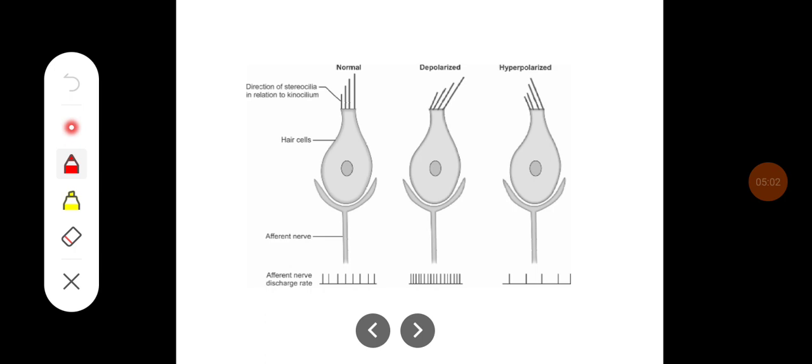And this is the hair cell when it is not active, and this is the hair cell when it is depolarized, and you can see increased discharge from the vestibular nerve, and this is when the cell is inhibited, that is hyperpolarized. You can see the reduced discharge from the hair cell.